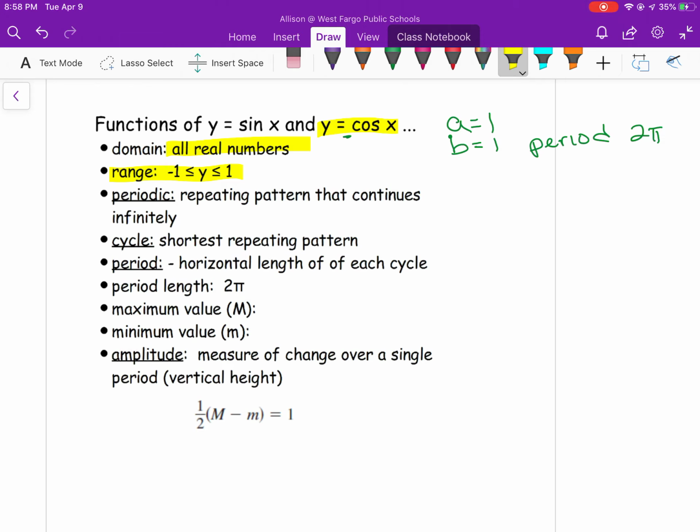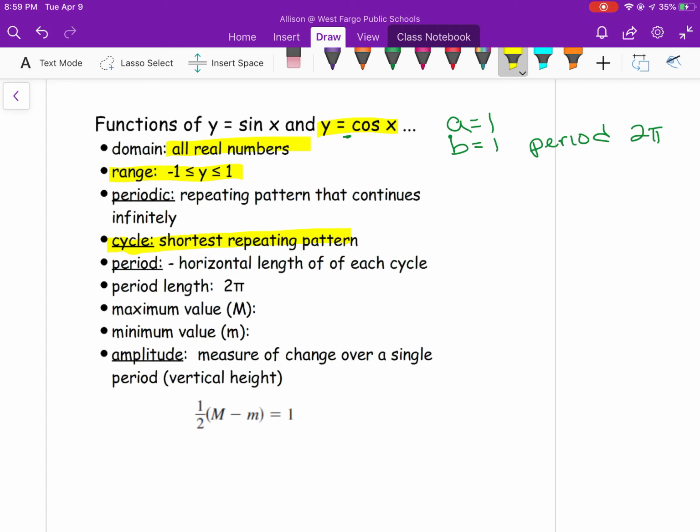Remember that it's periodic, which means it repeats in this pattern infinitely. The cycle is the shortest repeating pattern. That's one complete revolution, 360 degrees around that circle, so from 0 to 360 degrees in theta. The period is what we use to represent the horizontal length of the cycle along the x-axis.